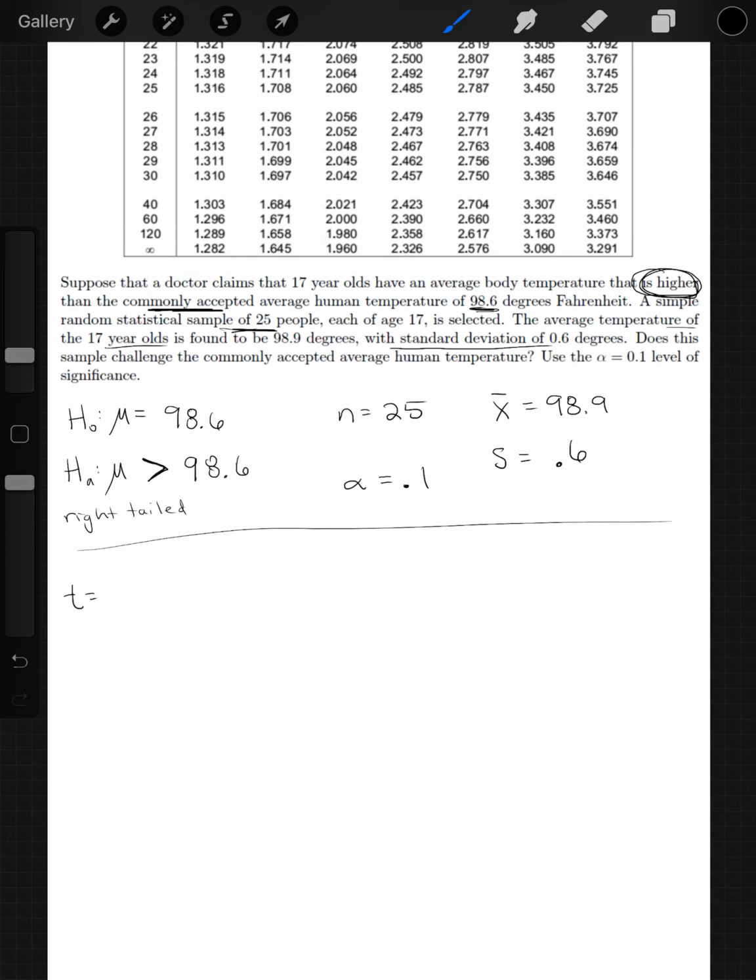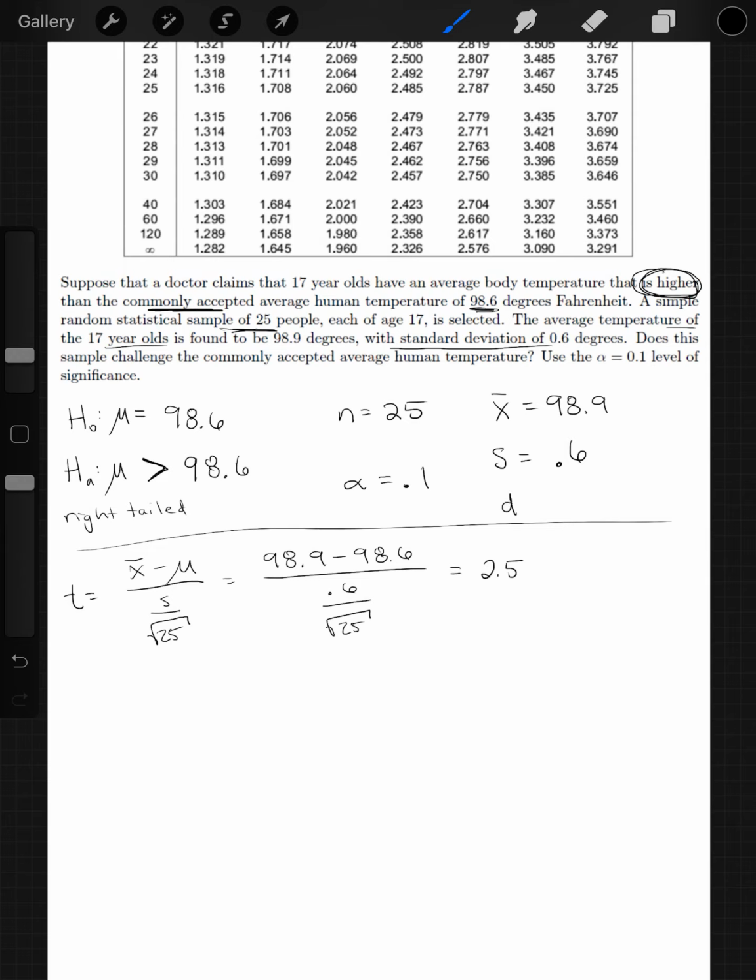So our test statistic is x bar minus mu over s divided by the square root of n, which is 98.9 minus 98.6 all over 0.6 divided by the square root of 25, which when I plugged into my calculator earlier, I got 2.5.